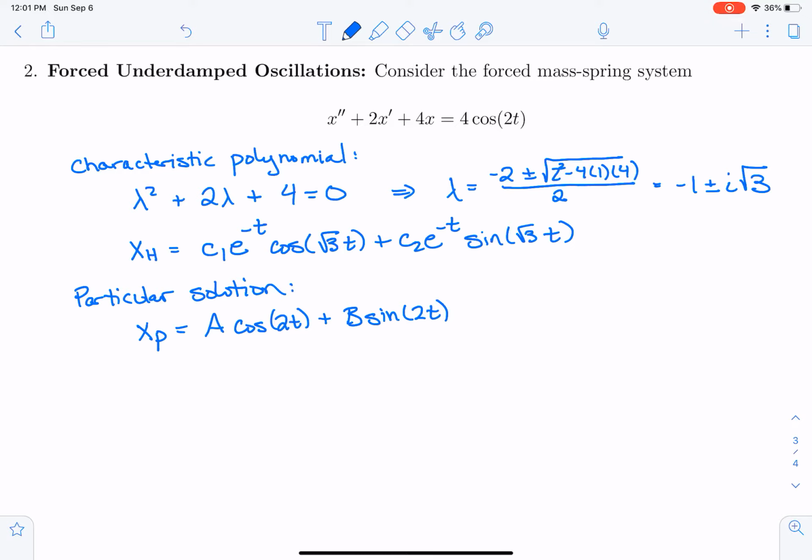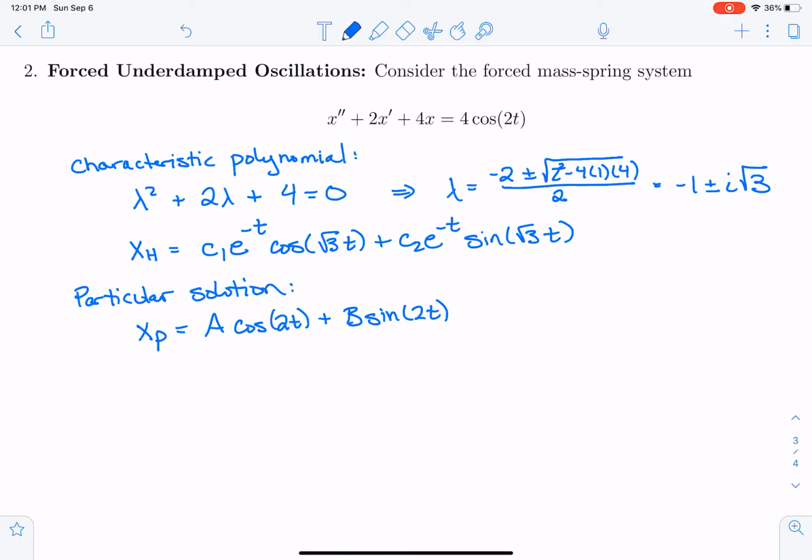Now we can see that the natural frequency of the system is actually going to be square root of 3 because of that damping. And so we don't have to worry about the particular solution being in the homogeneous solution.